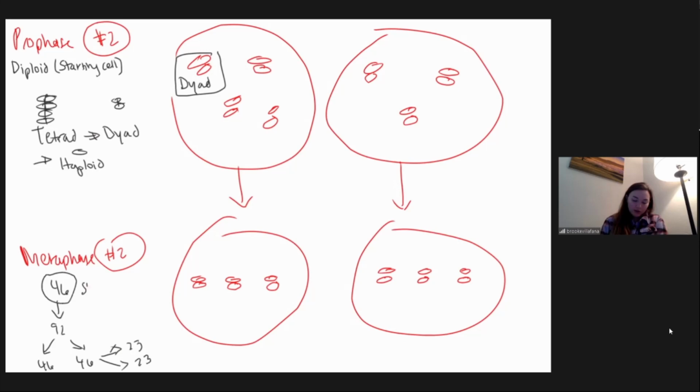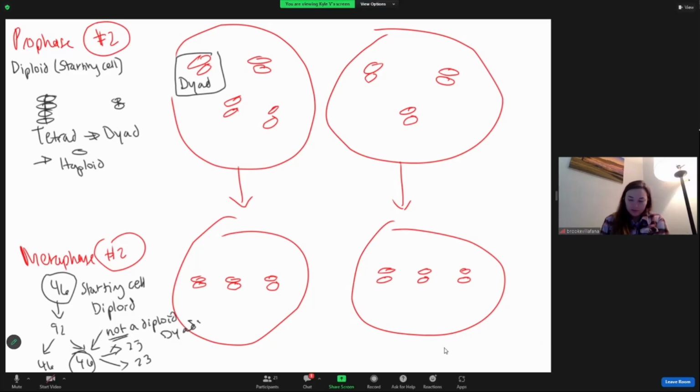This very starting cell is the diploid. So we never use the word diploid again. The starting cell would be the diploid cell. And yes, haploid is half a diploid, but this is not a diploid. These would be dyads. Does that make sense?